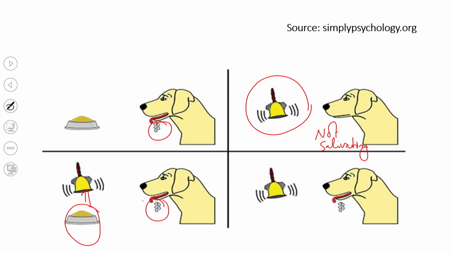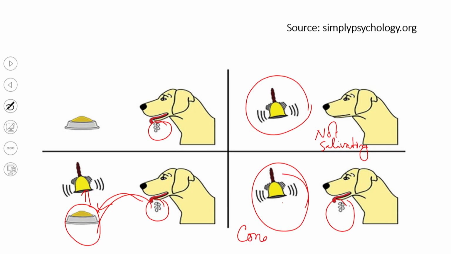Saliva is coming because food is there. This is repeated again and again. After some repetition, when sound is produced, saliva is coming. Now this is a conditioned response. This becomes conditioned, meaning it is a new response. This is the conditioned stimulus and this is the conditioned response.